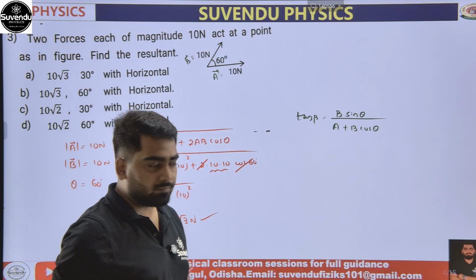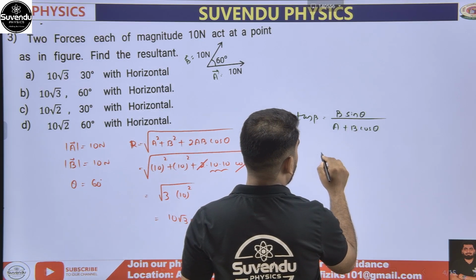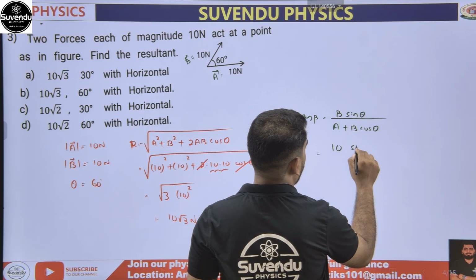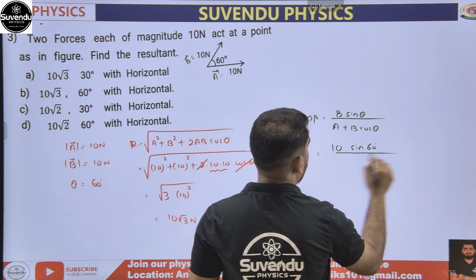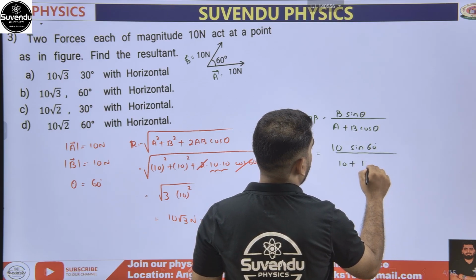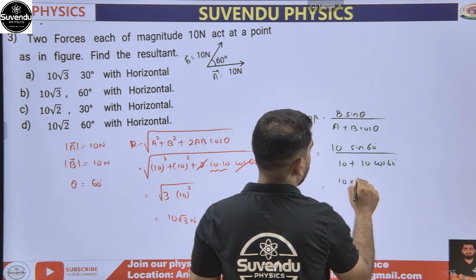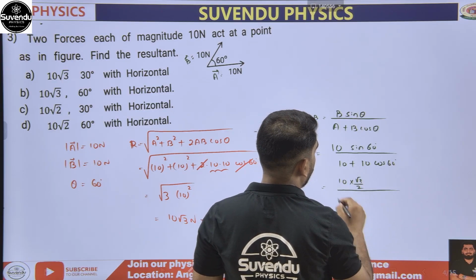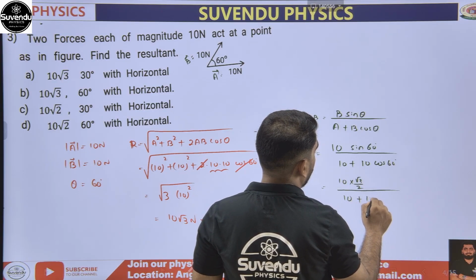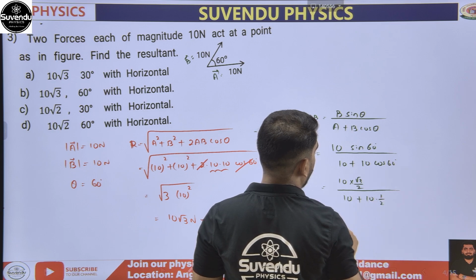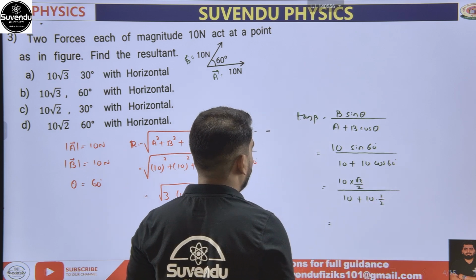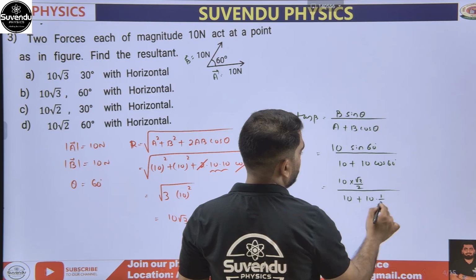Remember that. Clear? So B sin theta means 10 sin 60 degrees divided by 10 plus 10 cos 60, which is 10 into root 3 by 2 divided by 10 plus 10 into 1 by 2. Is that clear? Okay.